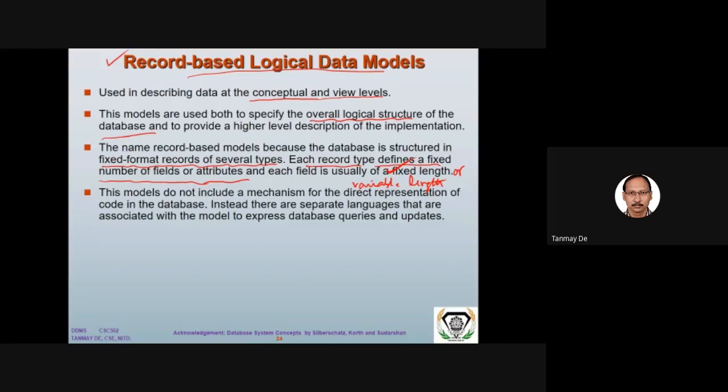That is, the direct representation of the code is not inbuilt with this data model. Instead, there is a separate language associated with the model to access the database, to update the database, and as well as to create the database, and of course modify the database also.